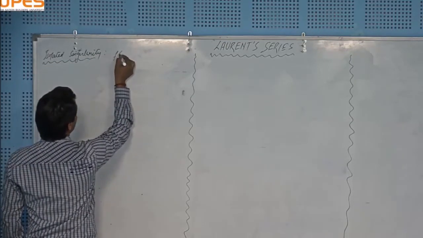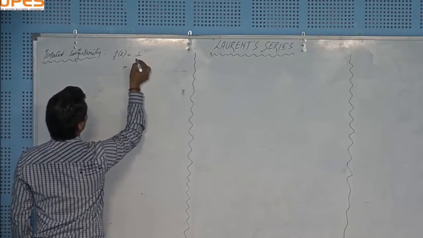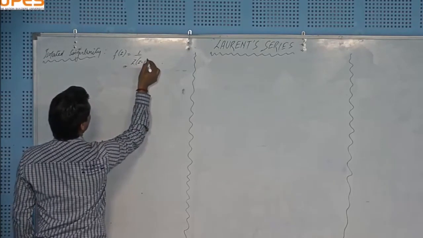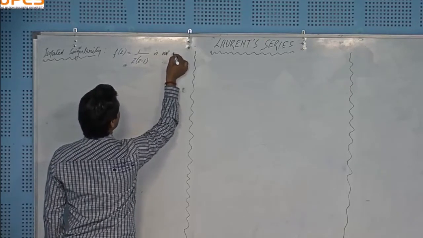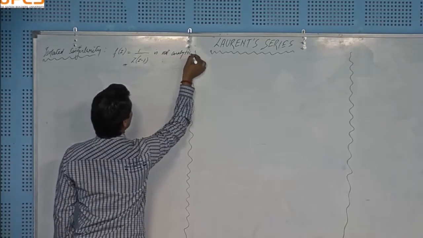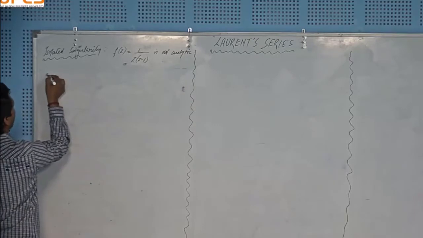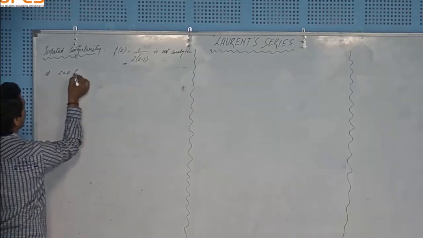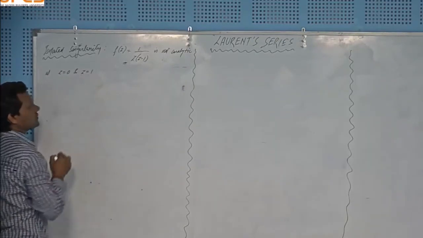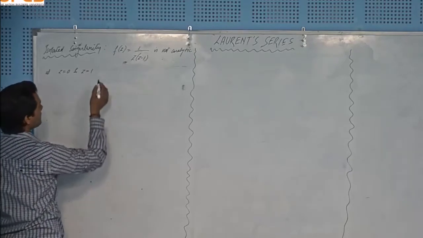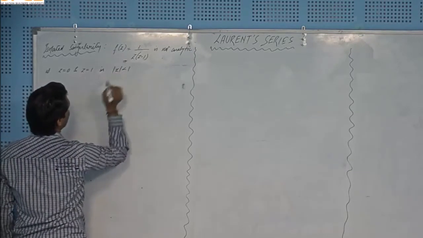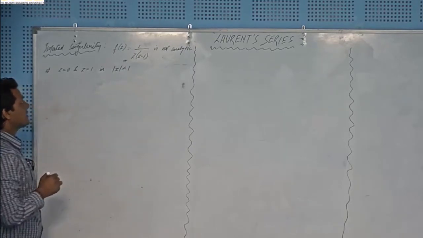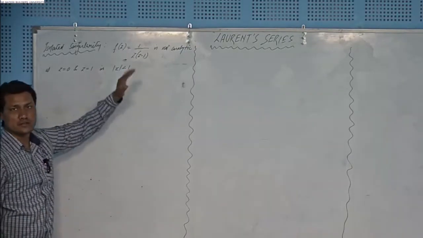Okay, f(z) equal to 1 over z minus 1, right, is not analytic at z equal to 0 and z equal to 1, right? And suppose I take the domain mod z less than 1, right? So except at these 2 points the function is analytic, we can say that.